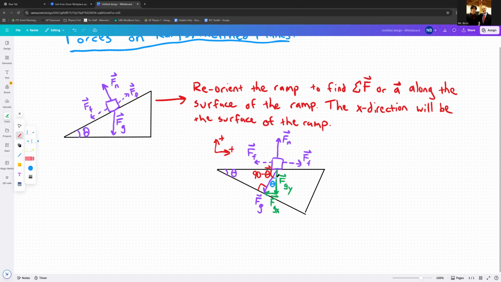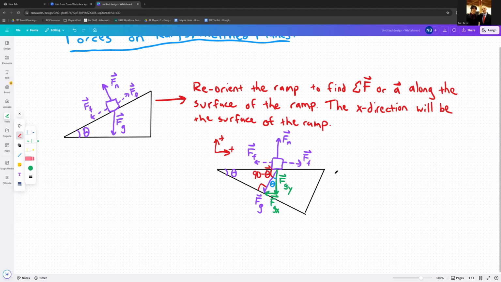So the red plus blue angles is 90. And if this is 90 minus theta, then the blue angle we've identified here is the same exact angle as the one at the bottom of the ramp. Okay, so that allows us to actually find FGY and FGX. We do them exactly the same way as we would any other angled force. We have a right triangle with the purple hypotenuse and the two green sides with the blue angle.